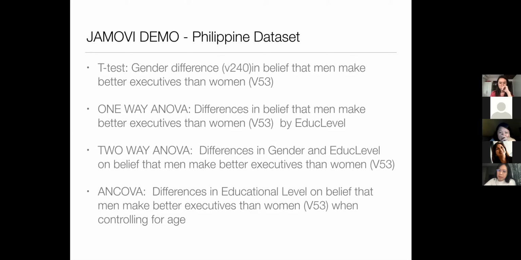Our next example is a one-way ANOVA: differences in belief that men make better executives than women by education level. Our next is two-way ANOVA, which is gender and education level. And then ANCOVA would be education level, but controlling for age. Okay? So those are the 4 things that we will walk through using Jamovi.